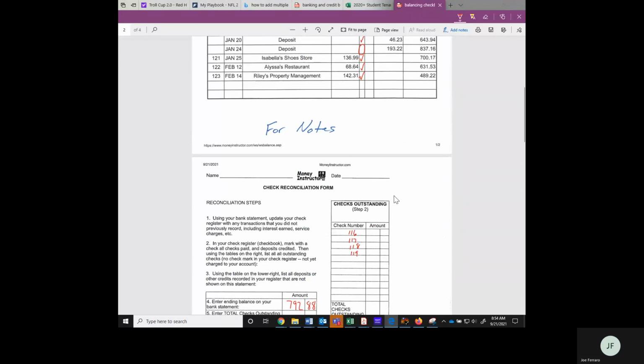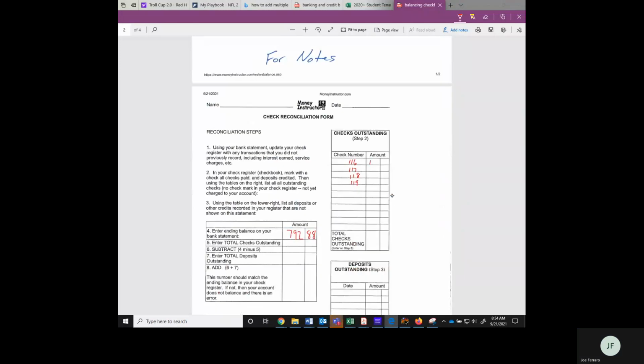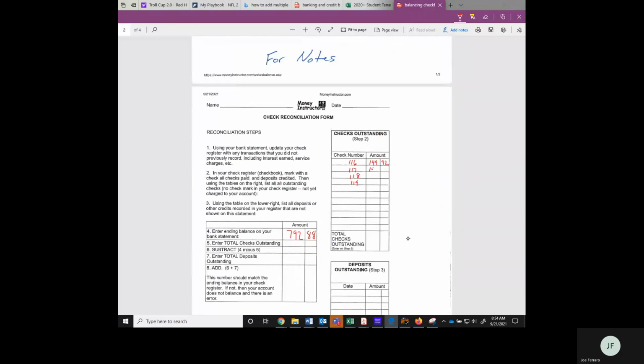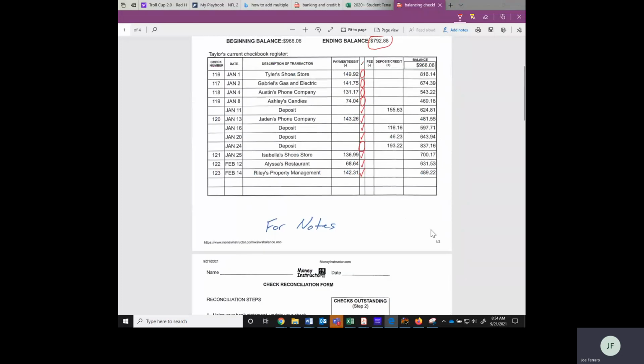149.92. Then we get 141.75. Then we get 131.17.